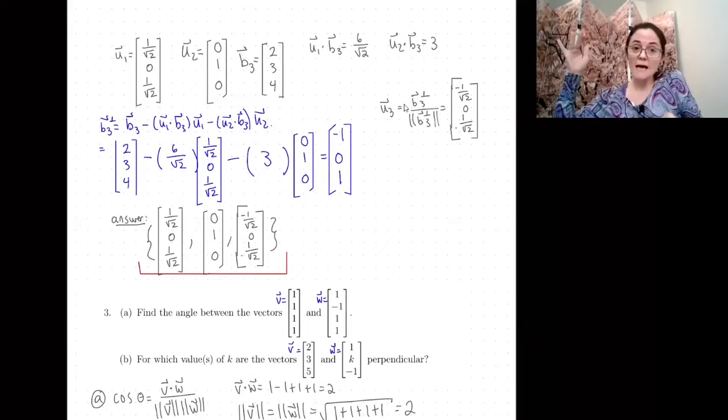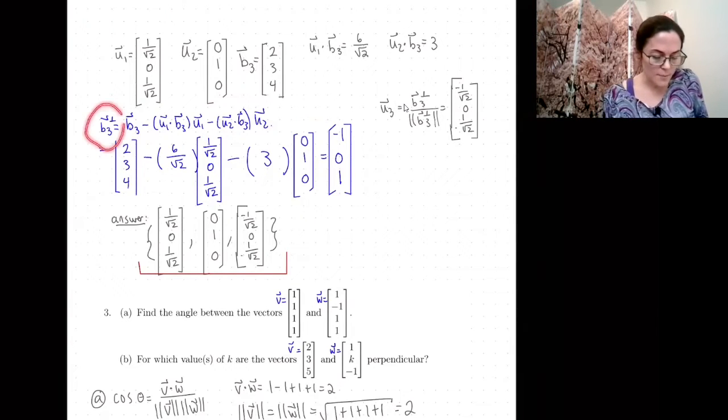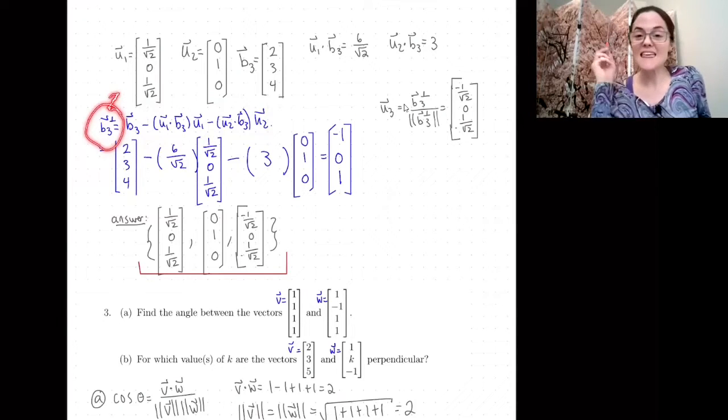So you project B3 onto the subspace, which is going to be a plane, spanned by U1 and U2. Then you take B3 minus the projection. And this is the component of B3 that is orthogonal to this plane spanned by U1 and U2. Then we normalize, divide by its length, and we get a unit vector.